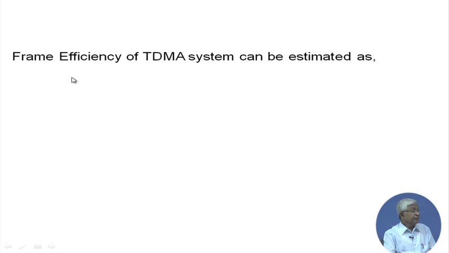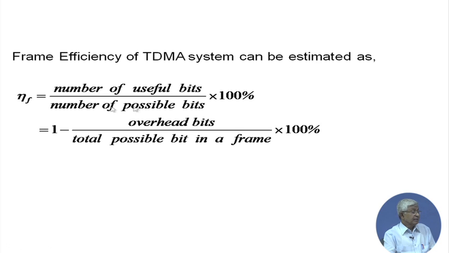Now the frame efficiency of the TDMA system can be estimated as eta f, the frame efficiency, which is the number of useful bits the user is exchanging divided by the number of possible bits. That means the overhead is our loss in terms of percentage.